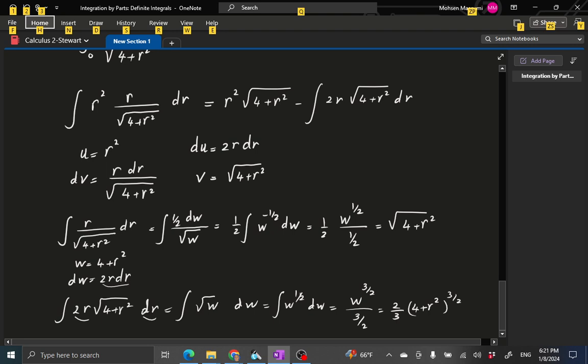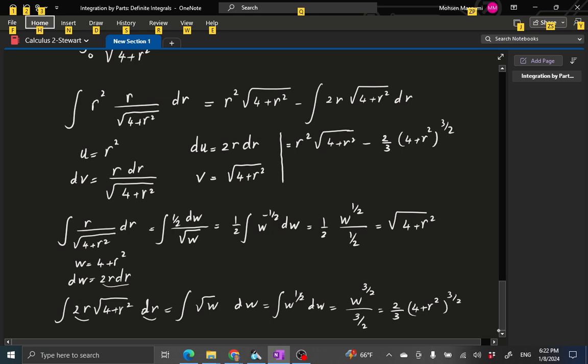Okay, so what happens after this? Let me write this. The expression above is r squared times radical 4 plus r squared, and the second piece is minus 2/3 of 4 plus r squared to the power of 3/2.